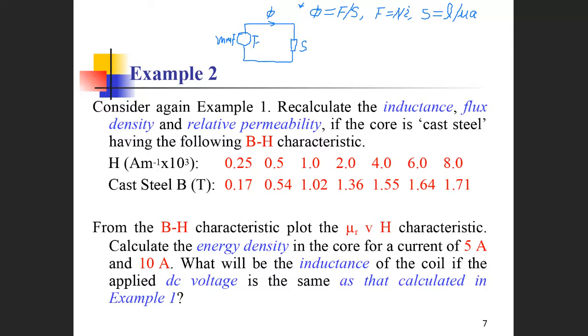Furthermore, the flux phi is related to the magnetic flux density B and the cross-sectional area A. For any part of the circuit, if you know the flux there and the cross-sectional area A there, you can estimate the flux density B.